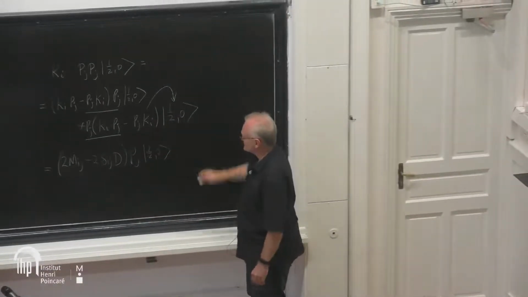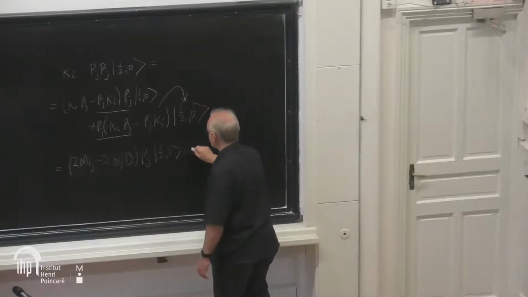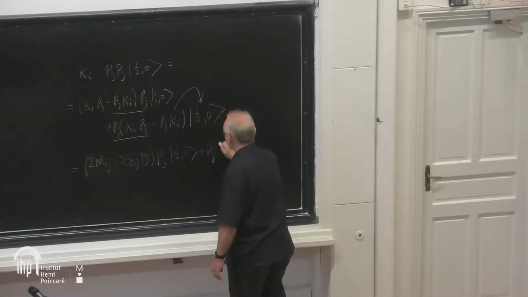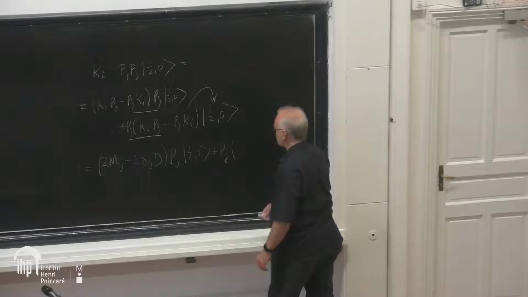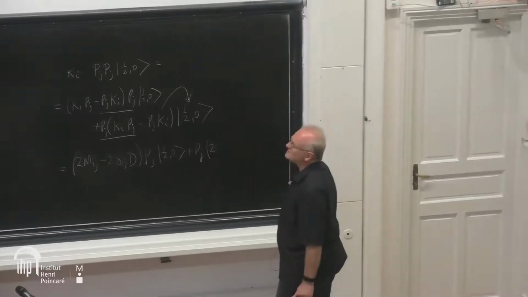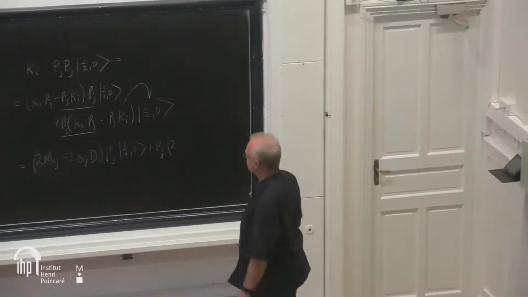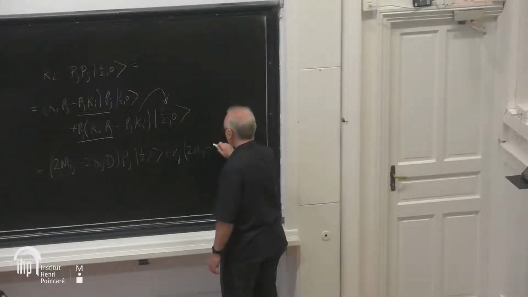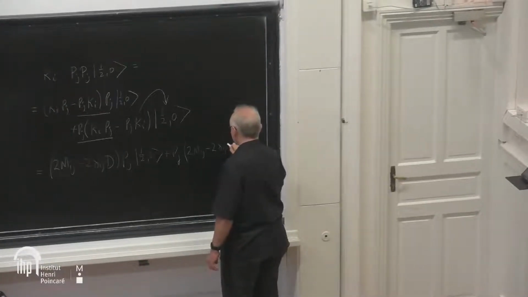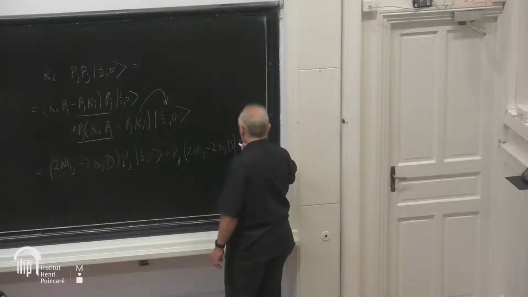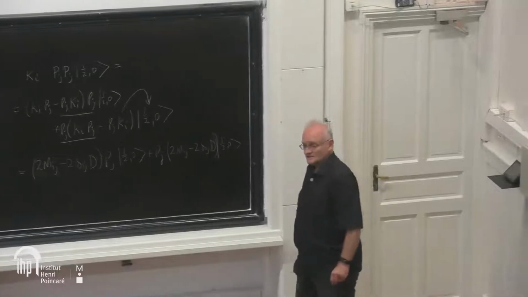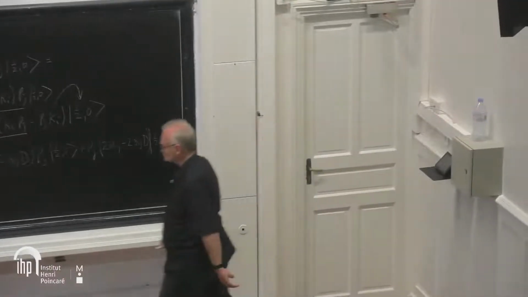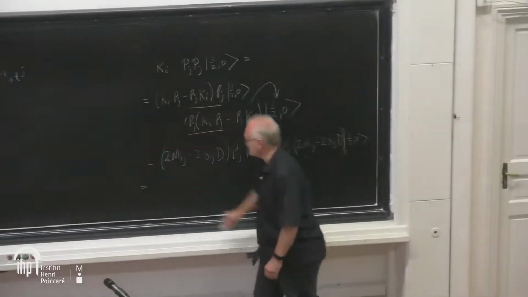Then K acting there is 0, we'll get plus P_j. Then we've got a commutator [K_i, P_j], which is the same thing. Okay, so now let's try to simplify this a little.